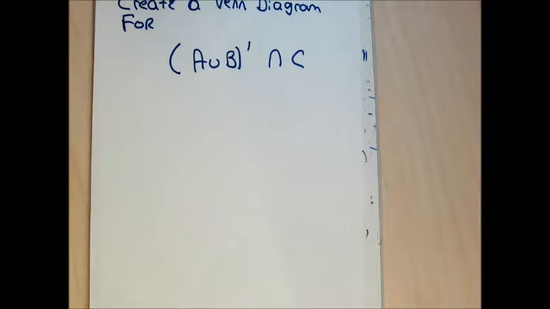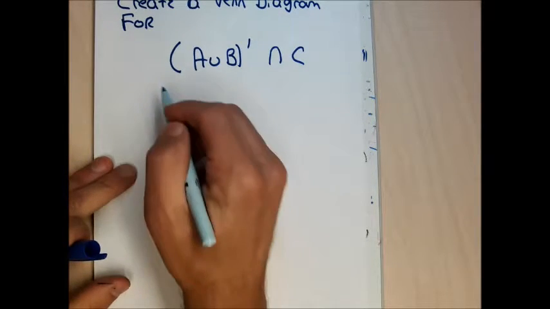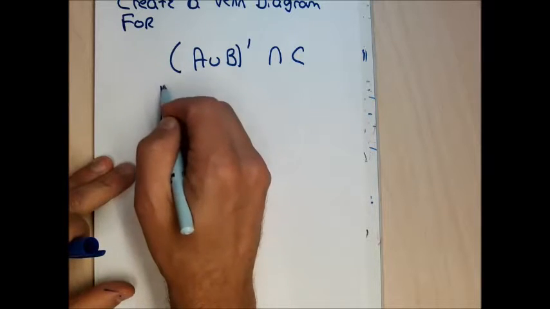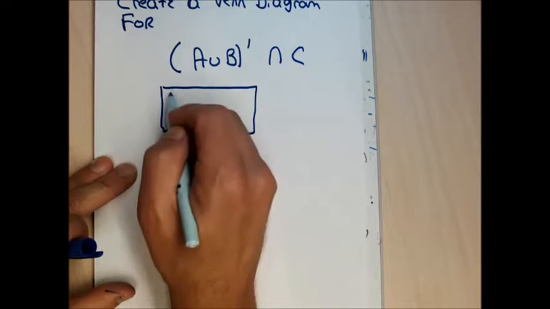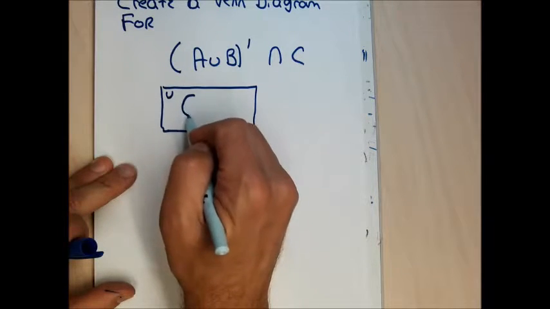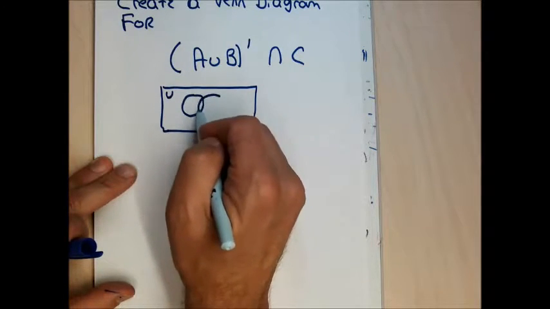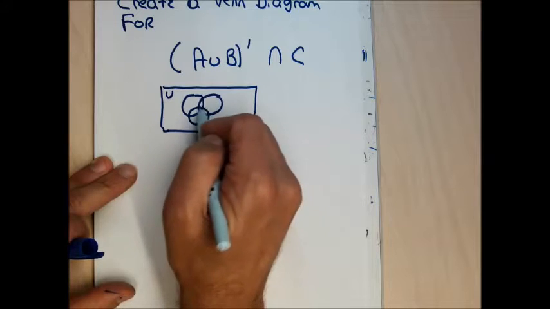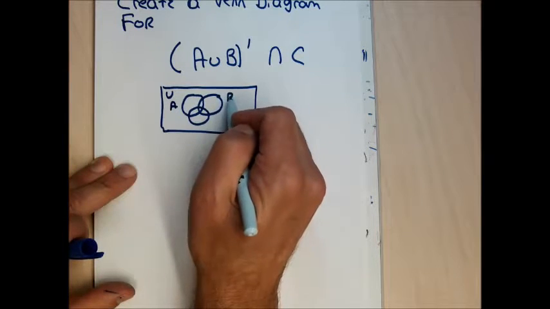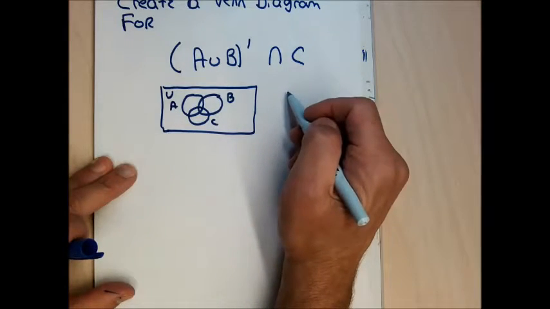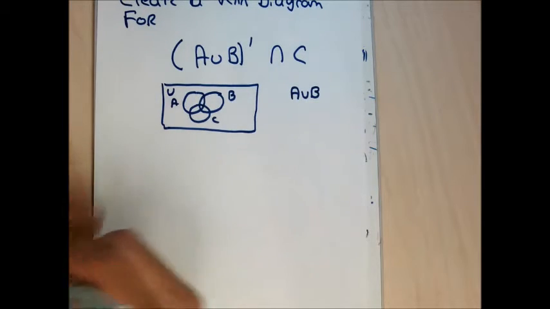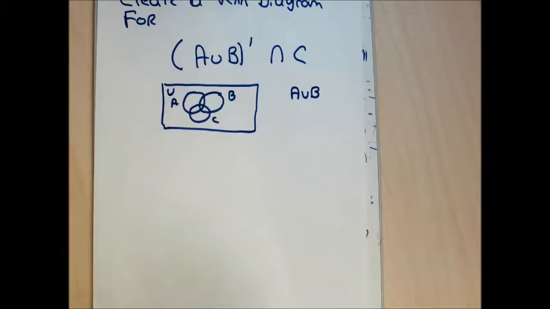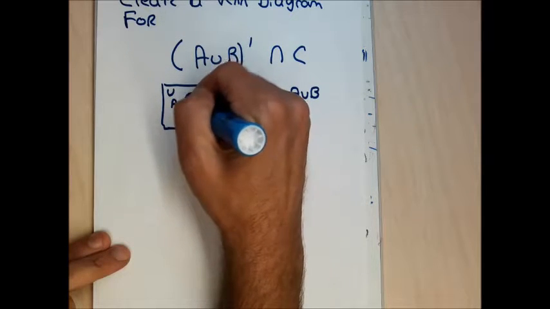So I need to do parentheses first, and it's an intersection after the parentheses. This is going to be a monster problem. So let me first, with a small Venn diagram so I don't have to shade so much, try to represent the inside of the parentheses first, which is A union B. Because it's a union, I can do it in one color.